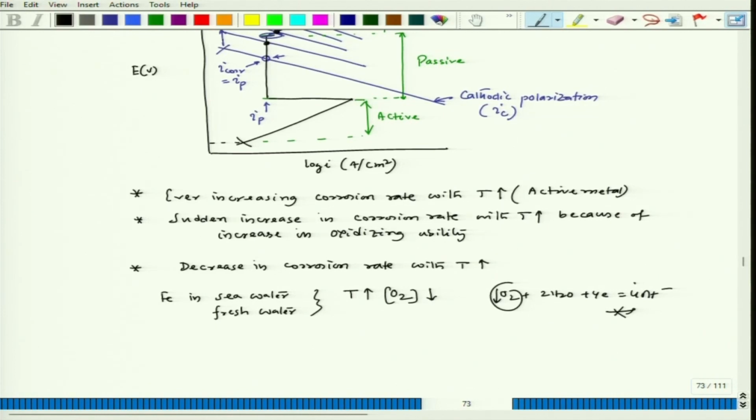So, it is basically the de-aeration effect of the medium or the electrolyte. There could be a possibility of decrease in corrosion rate because you are removing the active oxidant from the medium or the electrolyte. So, this is about the effect of temperature on the corrosion rate.